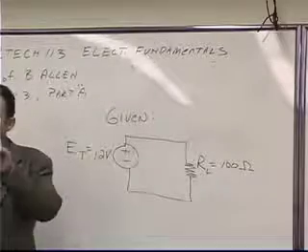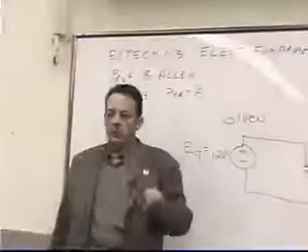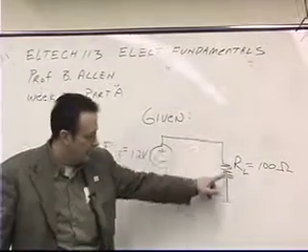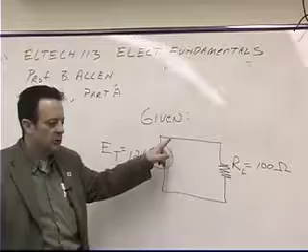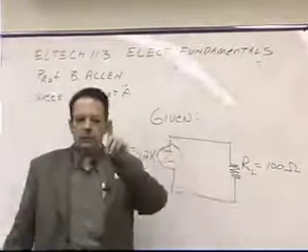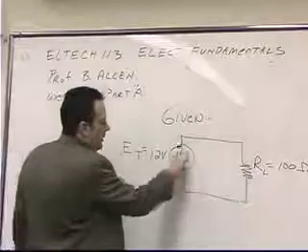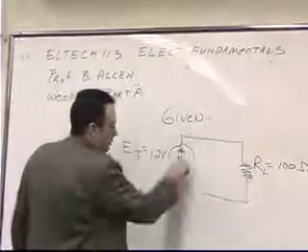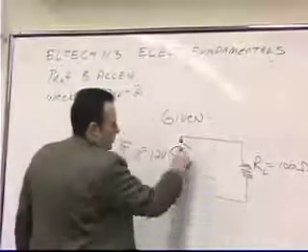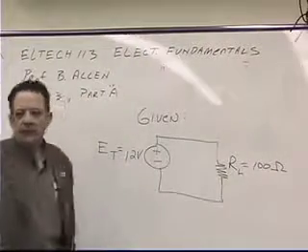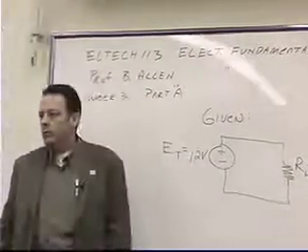Kirchhoff's voltage law, in one form, says the sum of the voltage drops around any closed loop equals 0. First of all, would it be fair for me to say that this is a closed loop? Yeah, that's a fair statement. That is a closed loop.